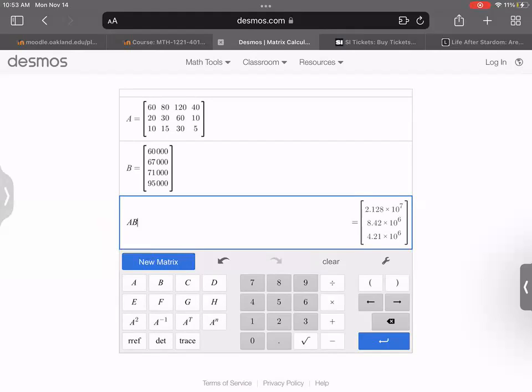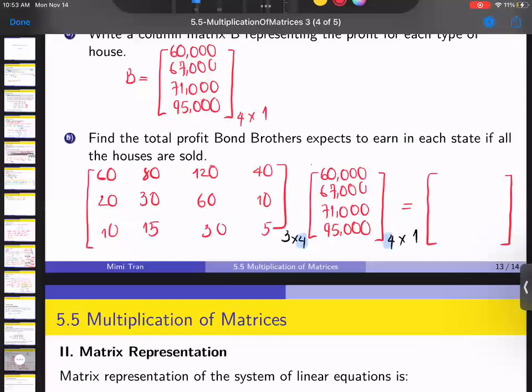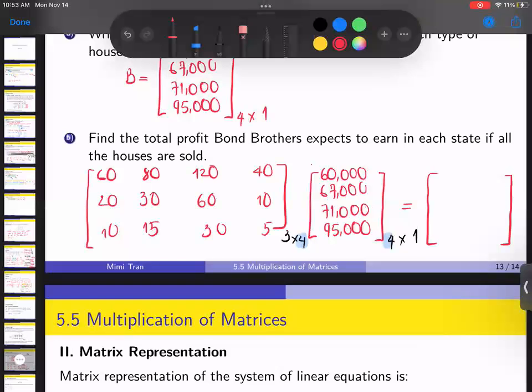Let me take a picture again. Copy down. Oh, good God, I can't see. Okay, I can see.